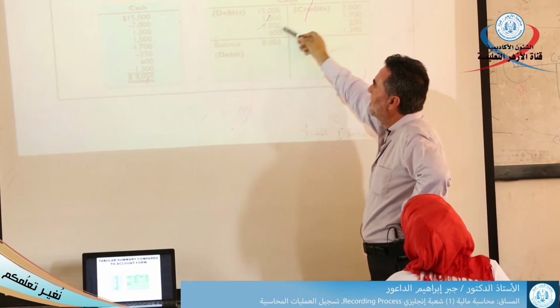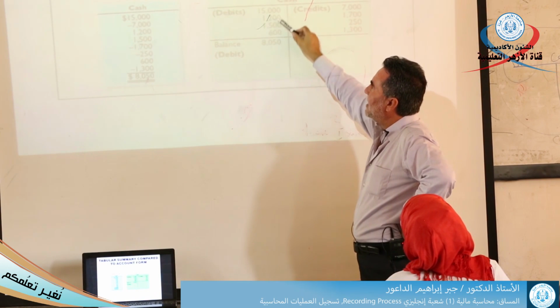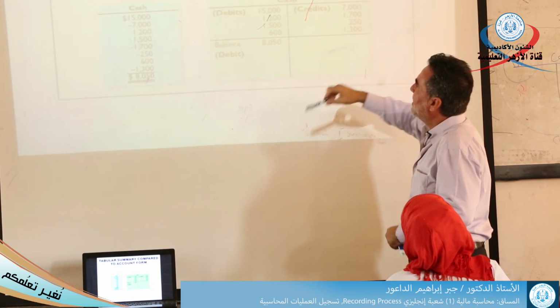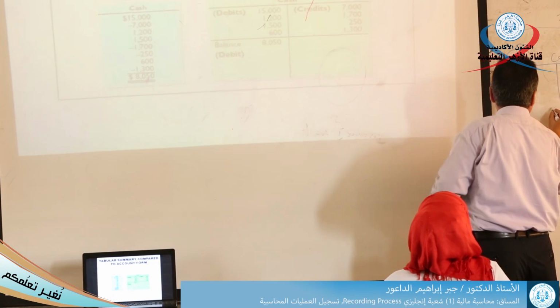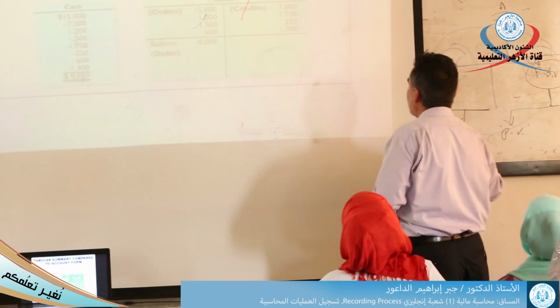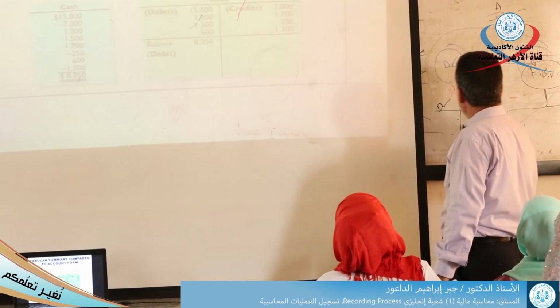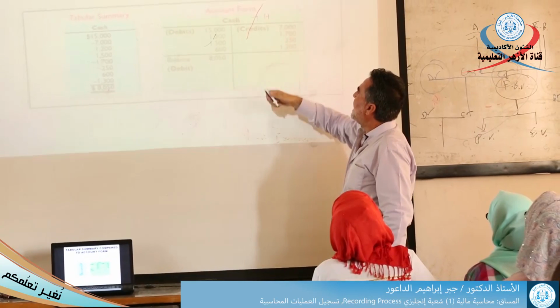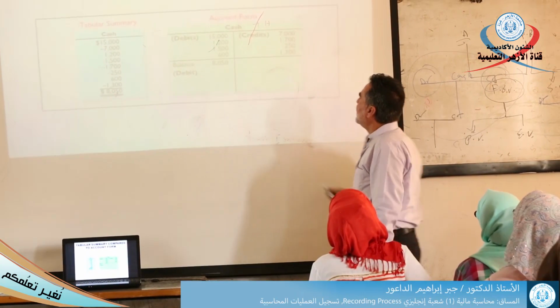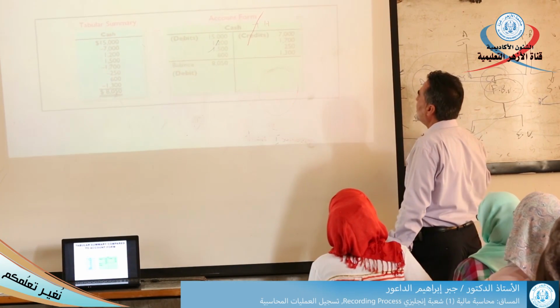So the balance here, if I calculate this side, DR, CR. So 7, 8, 9, 10, 10,300.